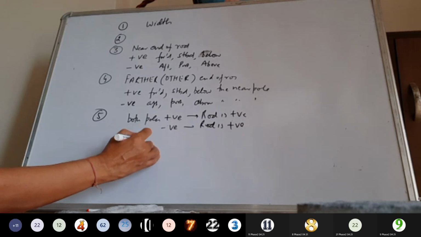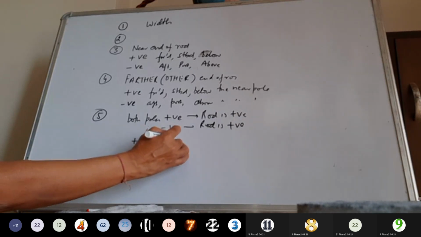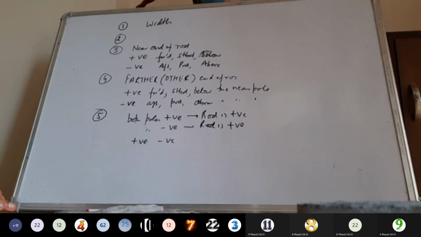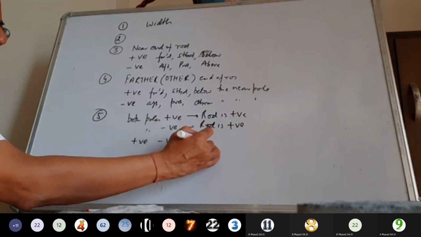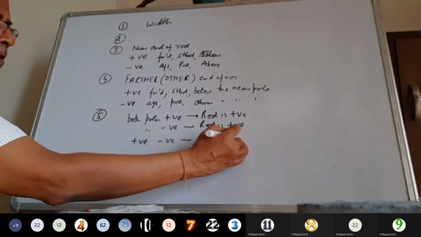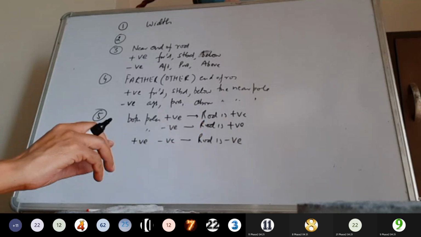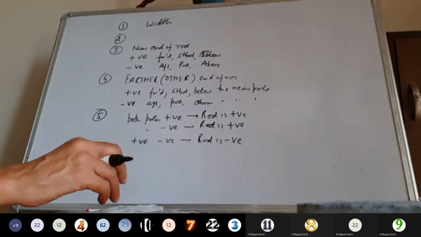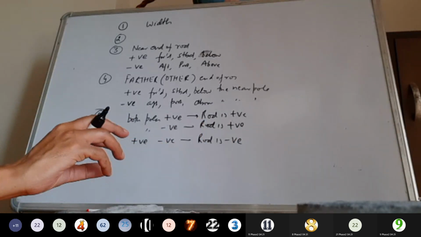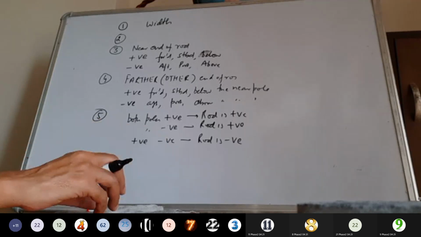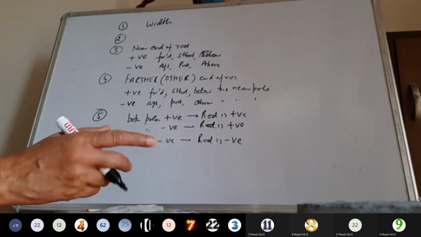One is positive, other one is negative. Any one is positive and any one is negative. It could be the farther pole is positive and near pole is negative or vice versa. Then the rod is negative. So positive positive is positive, negative negative is again positive, and positive negative is negative.